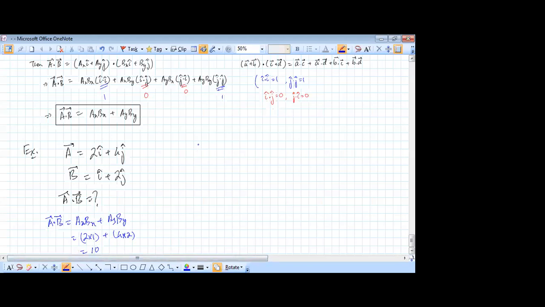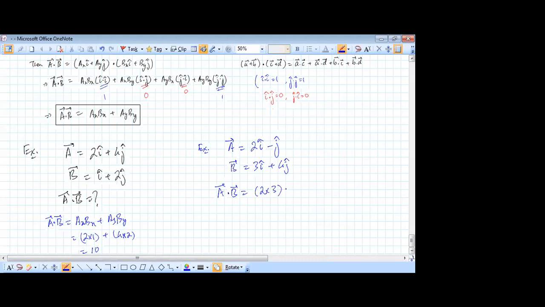Now similarly, if we have an example where, now this is where we have to be a little careful. अगर ऐसा कुछ है 2i cap minus j cap and vector B is suppose 3i cap plus 4j cap ऐसा कुछ. Okay. Now when we are calculating A dot B, we have to understand that algebraic sign becomes important.